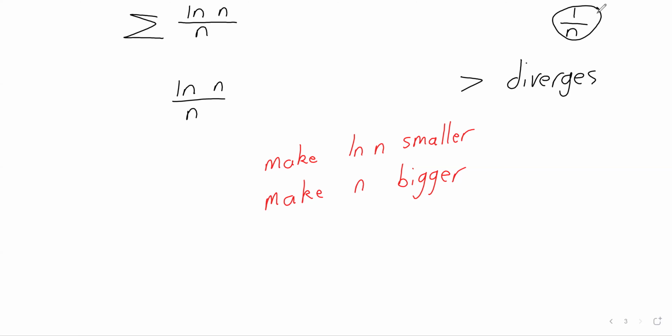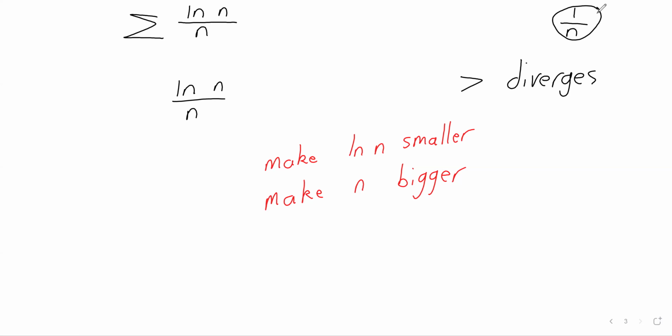To shrink a fraction, you either make the top smaller or the bottom bigger. I mean, there's a bunch of things we could do to n that would make it bigger, but really the natural log is the problem here, right?